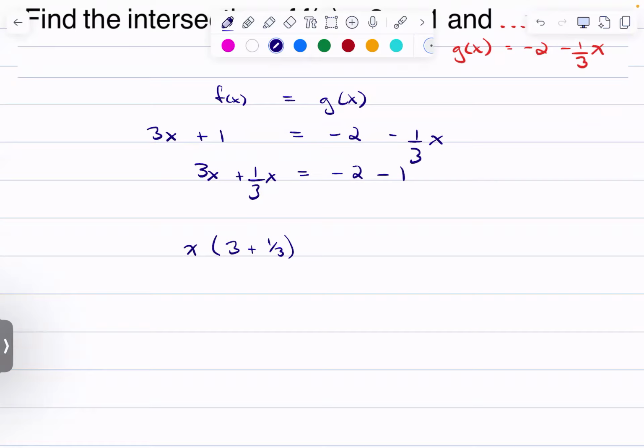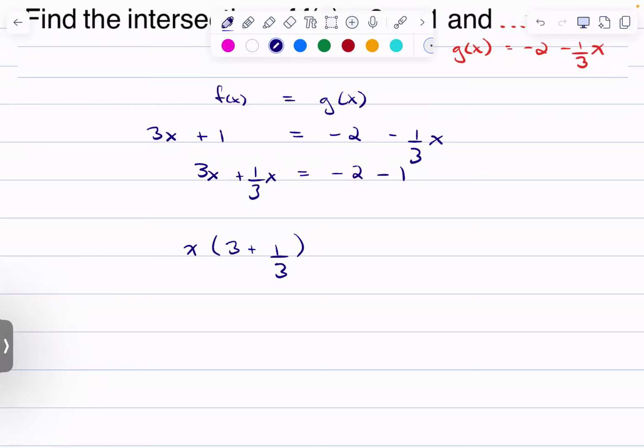And maybe I should write this 1 over 3 properly. You'll see why in a second. If you try this on your calculator, making sure you wrap up your 1 over 3, otherwise it might do 3 plus 1 and then divided by 3. You want to treat the 1 over 3 as a fraction. So do 3 plus bracket 1 over 3.